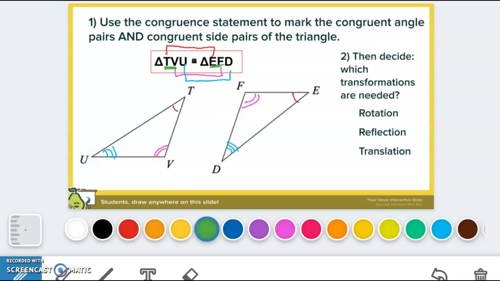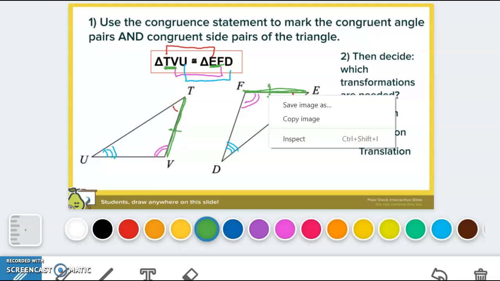Where is TV? TV is this side length, corresponding to EF. Where is EF? It's this side right there. That means they are exactly the same in measure. So we can put those on both sides to correspond, one notch and one notch there.